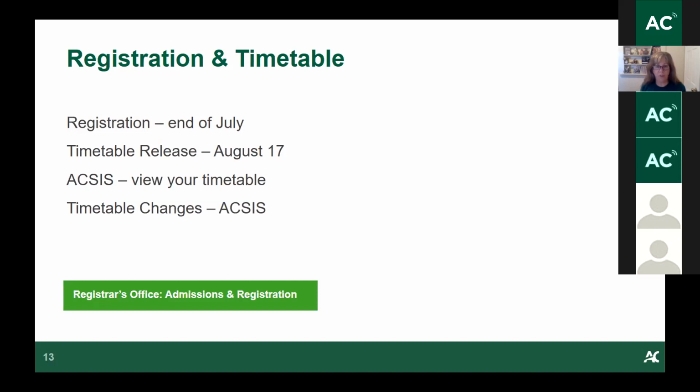So if you look at your timetable and say, oh my gosh, that's conflicting with my work schedule, I wonder if I can change some stuff. So on your Access, under the heading courses, you'll be able to go to drop add change. And from there, you'll be able to look and see, can I change that section to a different section? And if it allows you to, it will allow you on there.